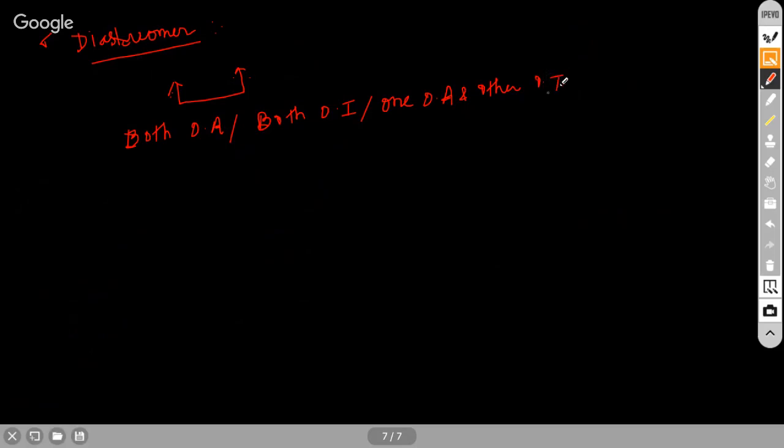Any of these three combinations is possible for diastereomers. On the basis of this also they have asked questions, and on the first point I gave you, that geometrical isomers cis and trans are diastereomers of each other, they have asked questions too.